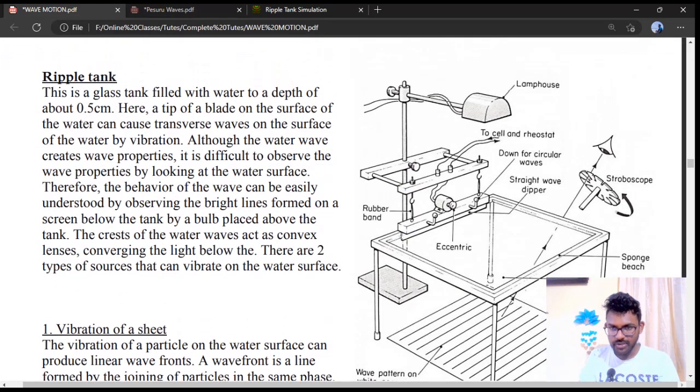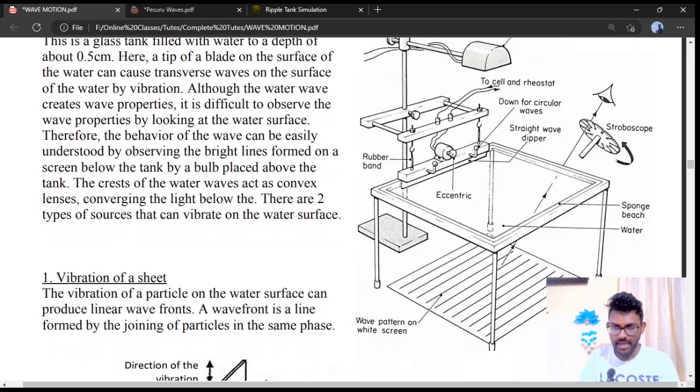A stroboscope is something like a fan, right? There's a fan-like structure, and in each and every segment you have a little hole that we can see through.